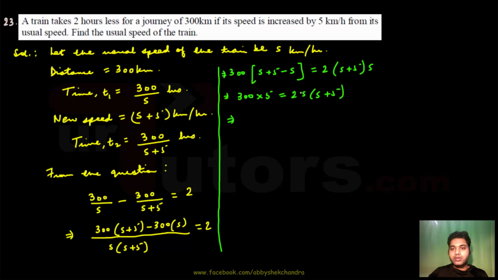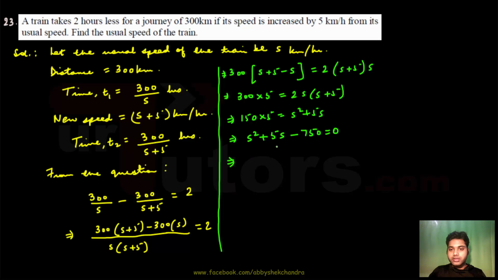Or this 2, if you bring to the denominator, will become 300 into 5 by 2. 2 and 300 will cancel, 150 times 5 equal to s square plus 5s. Take all the terms on one side, so s square plus 5s minus 750 will be equal to 0.